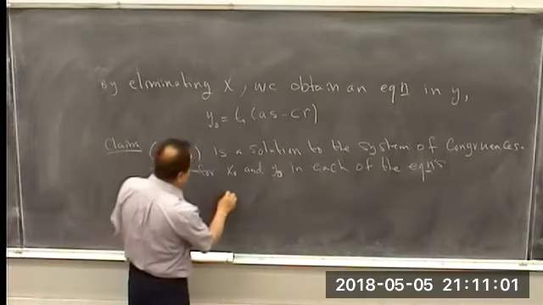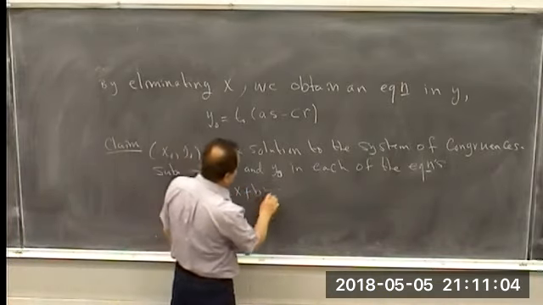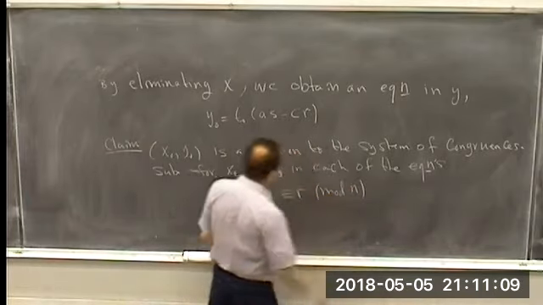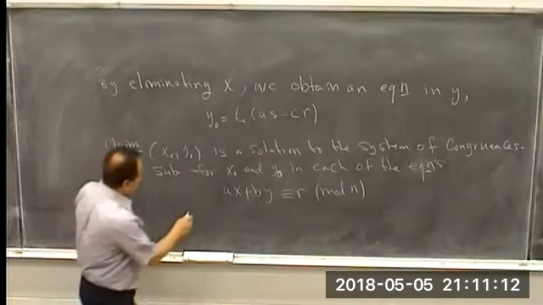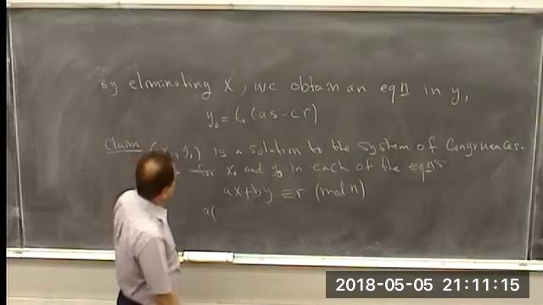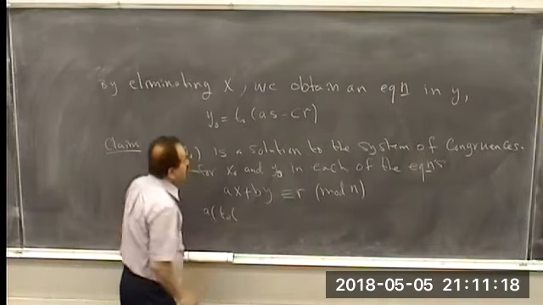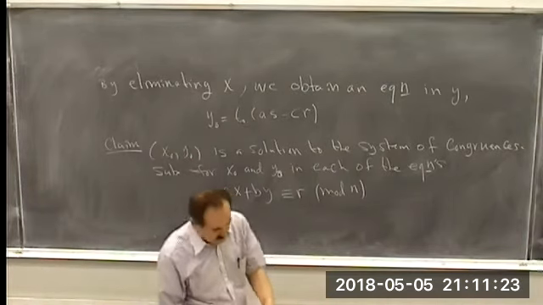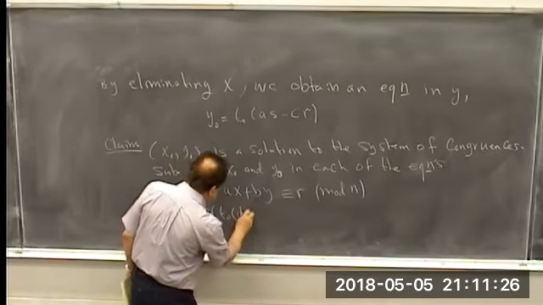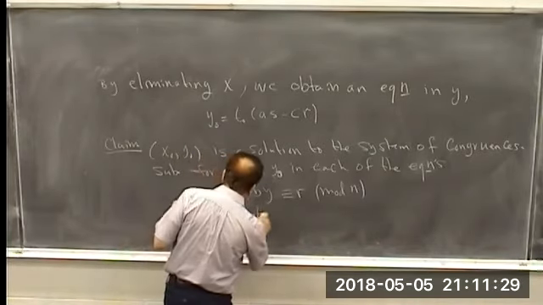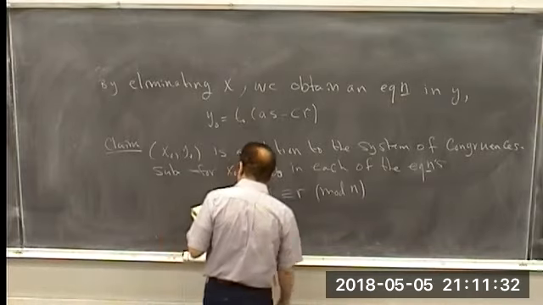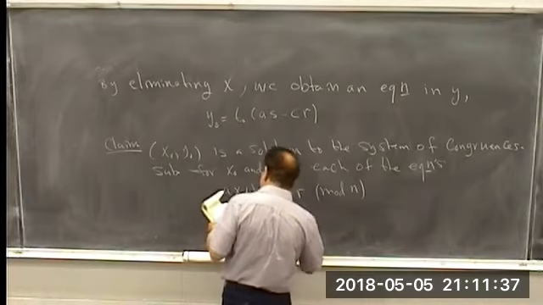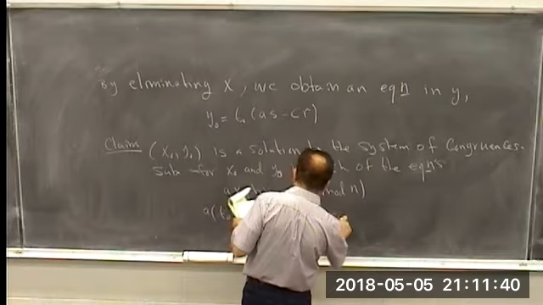So remember that we have ax plus by is congruent to r mod n. Now we substitute for x sub 0: the x value is t sub 0 times (dr minus ps). Then plus b, and the y is t sub 0 times (as minus cr).